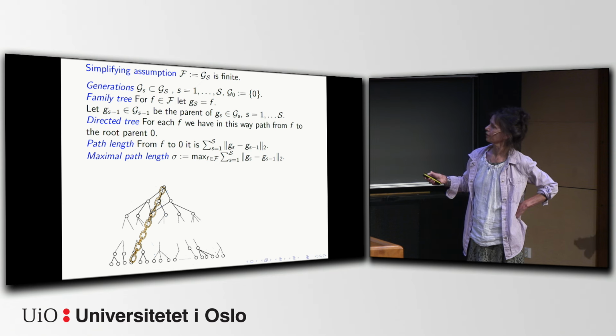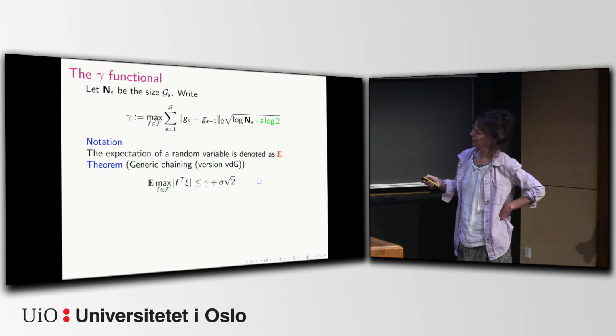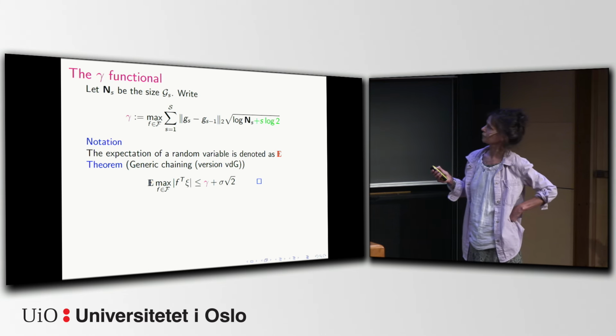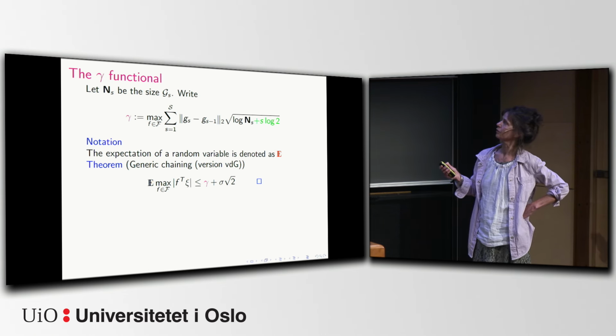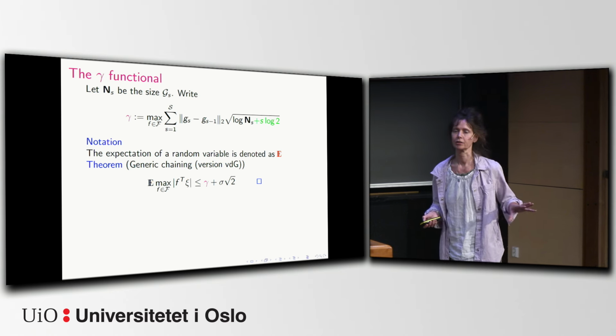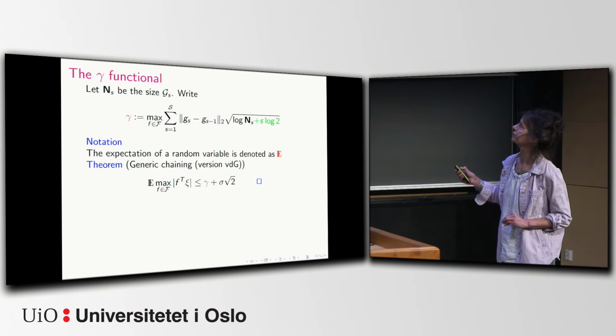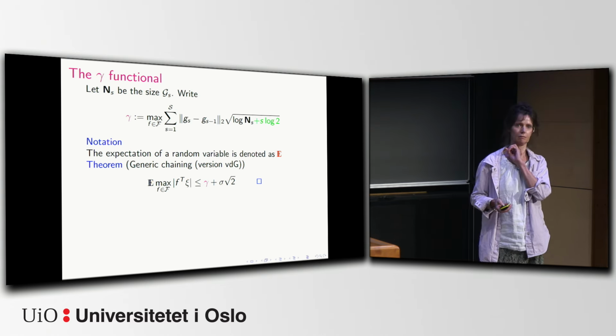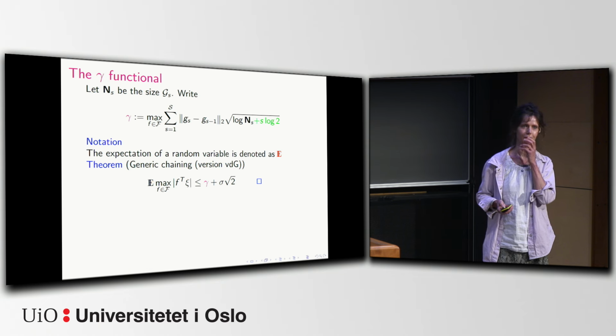So that's the chain, going from the child in the last generation all the way through the tree to the parent. Then the gamma functional, gamma 2, is the sum of the length of such a branch times the square root of the logarithm of the number of elements in generation number S. That's the gamma functional, and then there's a little S log 2, which is in green because it's an uninteresting constant.